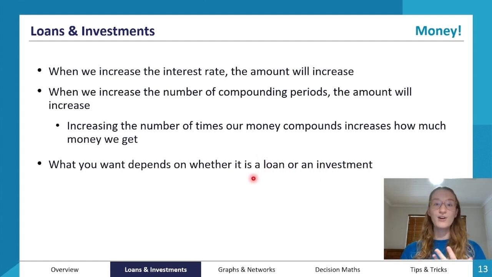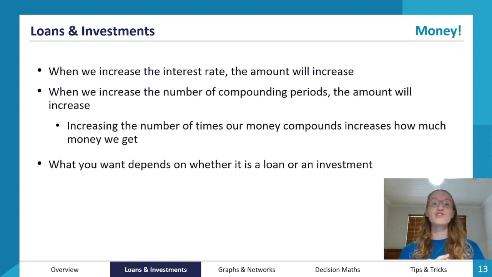Because in either scenario, we're going to want to choose the option that works financially best for us. So if it's a loan, we are going to want a lower interest rate and less frequent compounding periods, so we're not paying as much in interest. But if it's an investment, we are going to want a higher rate of interest and more frequent compounding periods so that we're actually earning more money off our investment.